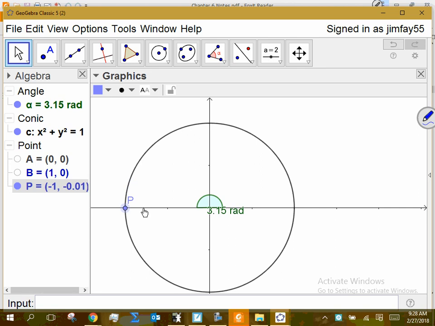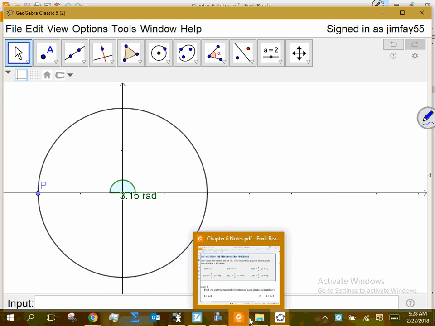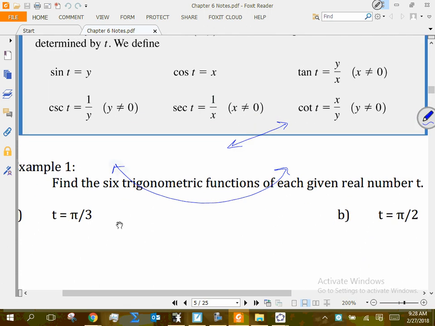Those ordered pairs would be either 1, 0 or negative 1, 0. So there we have issues at essentially multiples of pi. Okay. So those are some things to think about as you're asked to evaluate your trig functions.